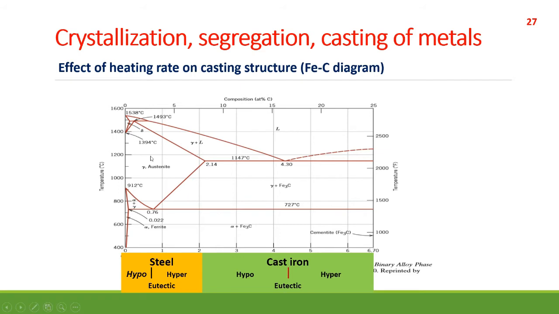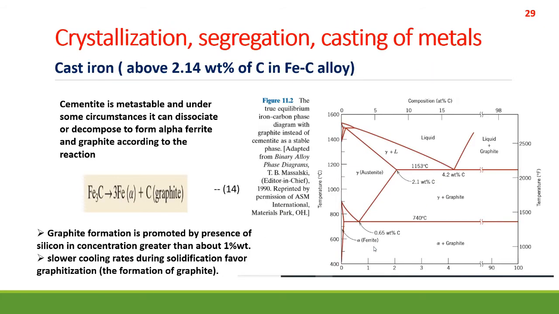Here I want to tell you one more thing. Most iron carbon phase diagrams are limited up to a carbon concentration of 6.75, but the phase diagram that I'm going to discuss here goes up to 100% carbon concentration. It's not limited to 6.75%. So here, see how it works.